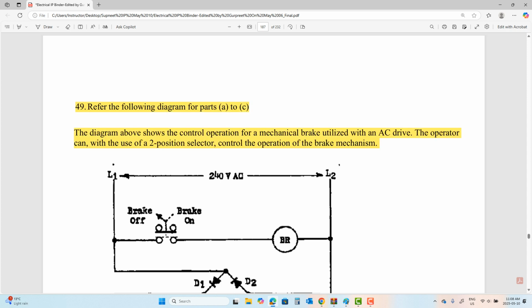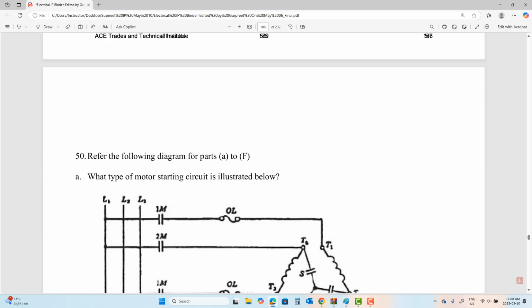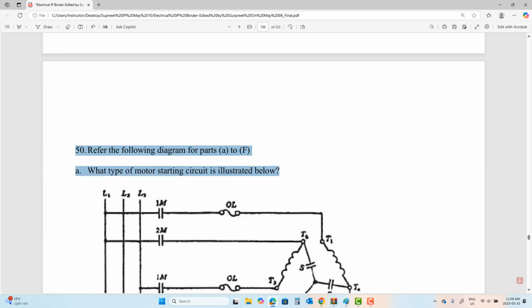Can someone count how many questions I've given you so we can estimate the time?